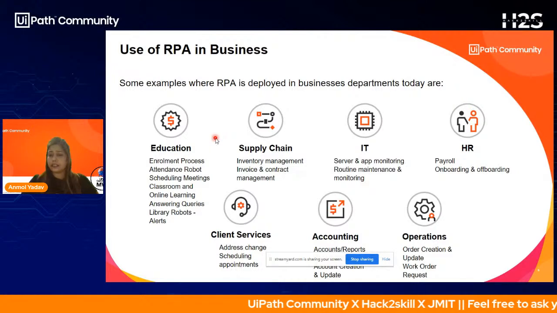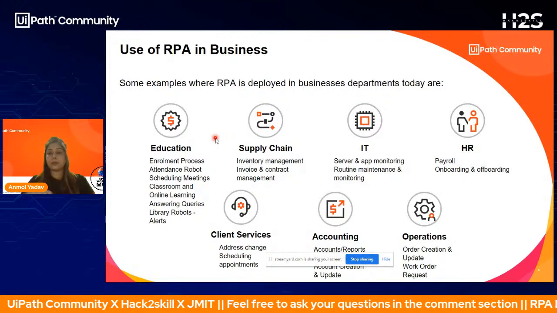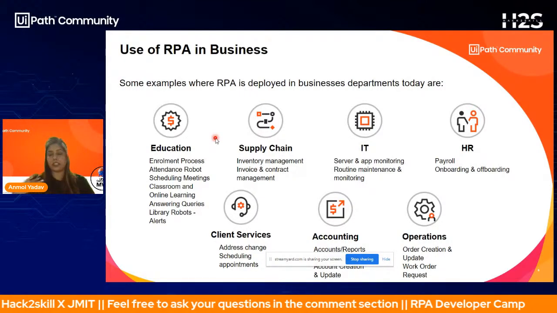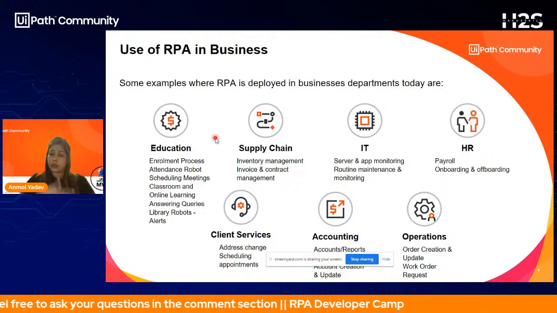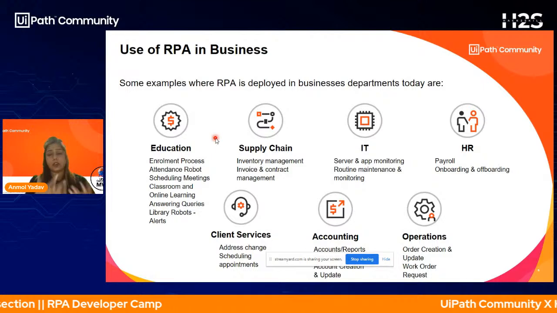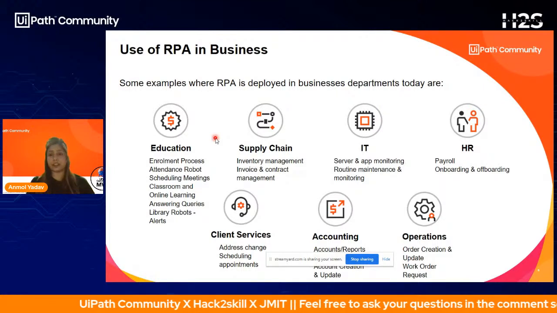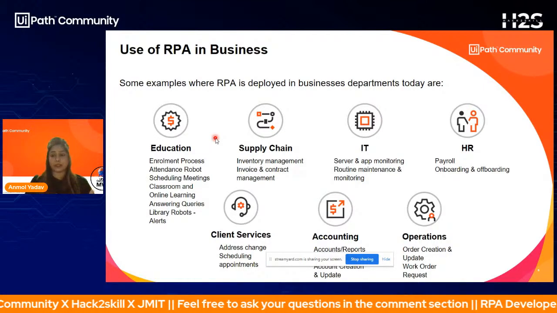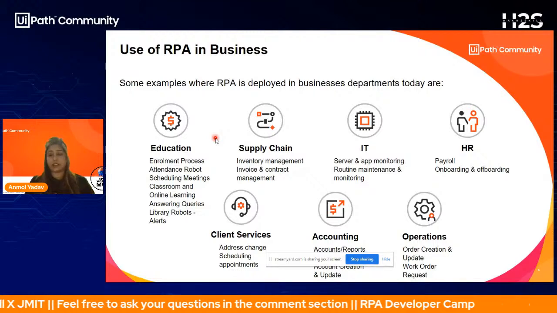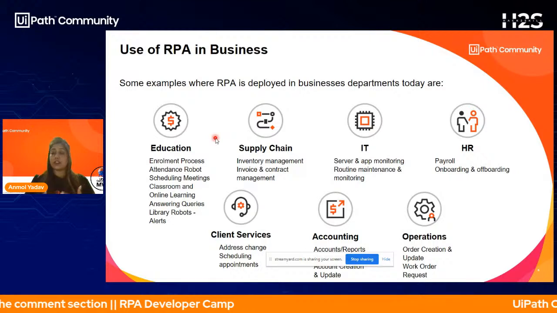Then, if I talk about HR, payroll, and onboarding and offboarding. Whenever an employee enters an organization, which means the employee is onboarded, there are a lot of formalities: signing the contract, signing the offer letter, then taking all the documentation, your PAN, your background verification, your Aadhaar, everything. That is all part of the onboarding process, and it's a very tedious and long process, which takes a lot of human effort from the HR's end as well as the employee's end.